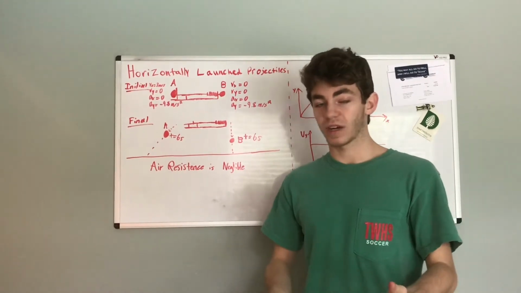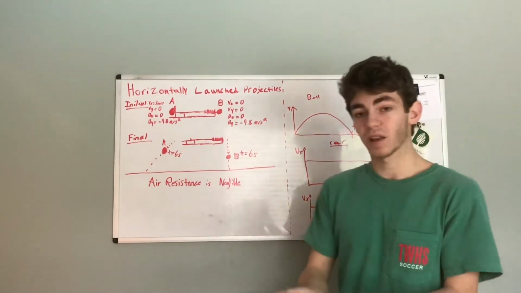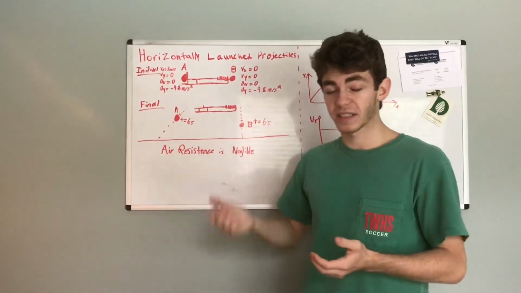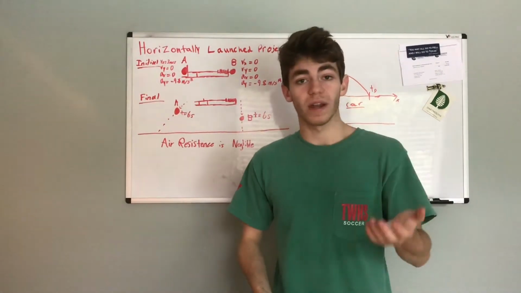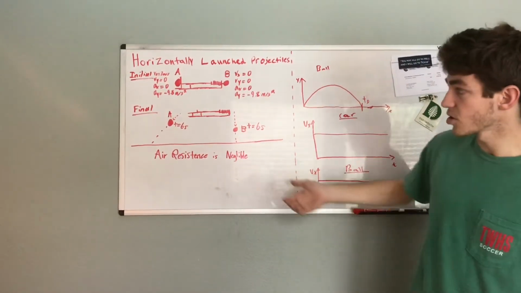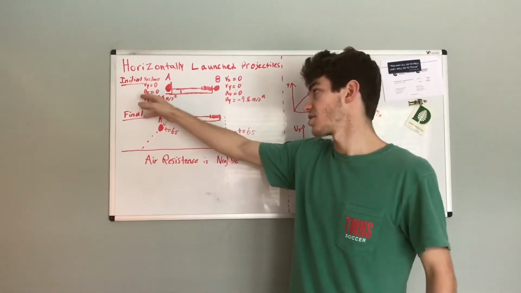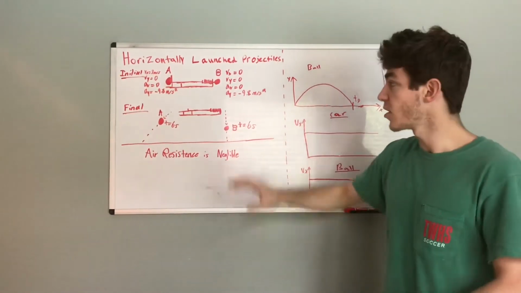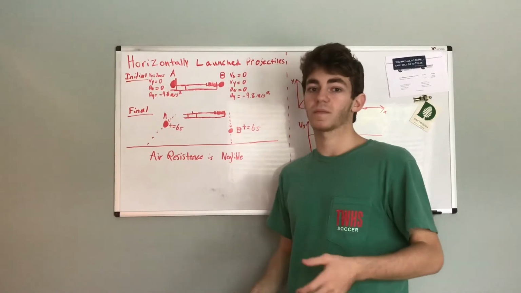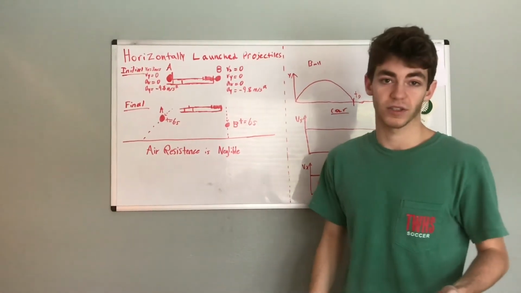And that's really the thing we're trying to get at right here, is that horizontally launched projectiles, or just any projectile, don't accelerate in the x direction. So we can see this here, and it's also present here, as we can see that the acceleration in the x direction is 0. So even though these two things are completely different experiments, they still show the same concepts that are widely present throughout physics and 2D kinematics.